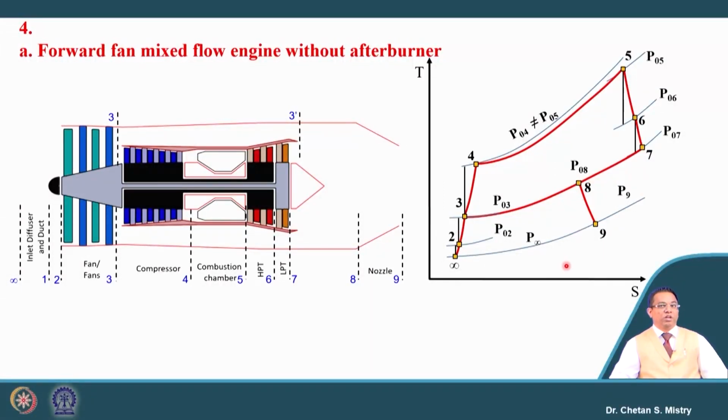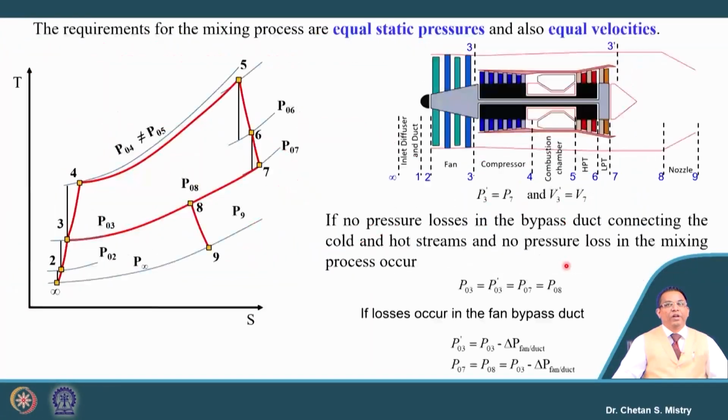Okay. So, just look at this cycle for the mixed flow configuration. This cycle is totally different from what we have discussed up till now in terms of the unmixed configuration. So, be careful about this aspect. Now, as we were discussing, in order to have this mixing, we need our static pressure and velocity to be the same. We know that since this is a duct, it may lead to some losses in terms of pressure.